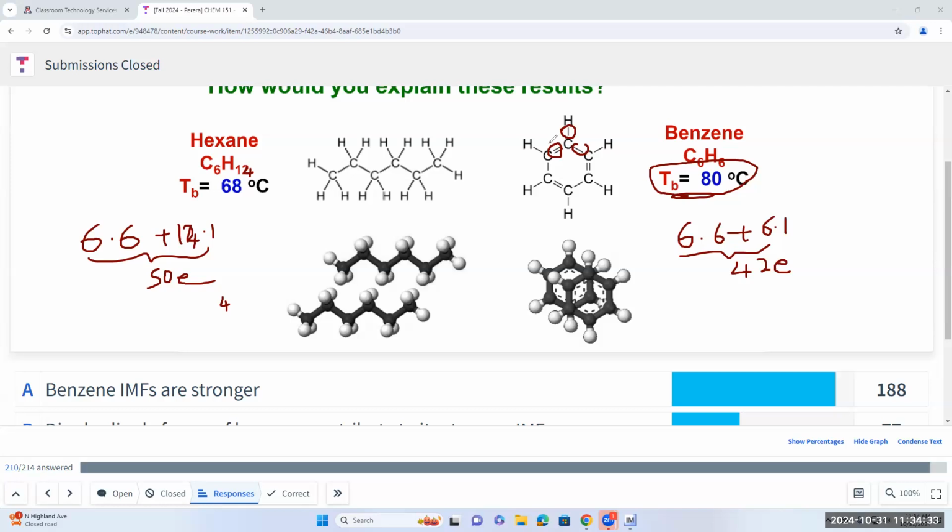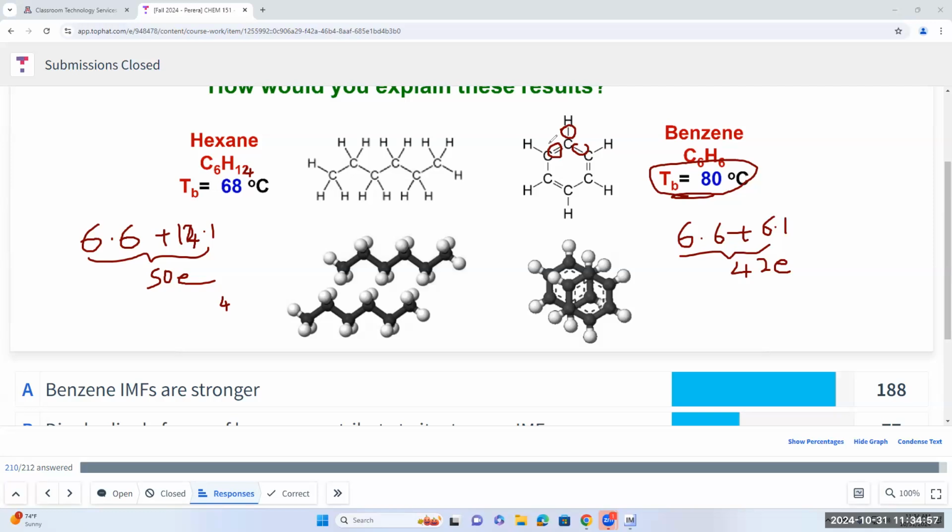At the best case, they can only get closer to each other like this, while benzene will always come closer to each other like this. We have a much greater surface area of contact in benzene compared to hexane. And that's why it has overall strong intermolecular forces, and that's why it has a higher boiling point.